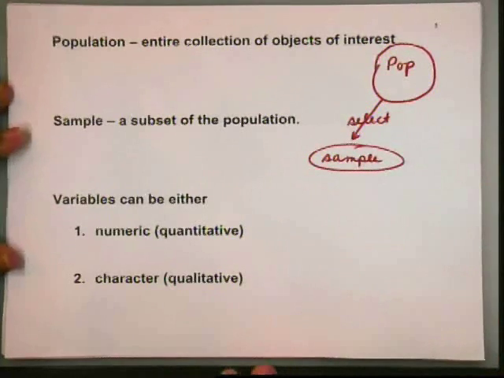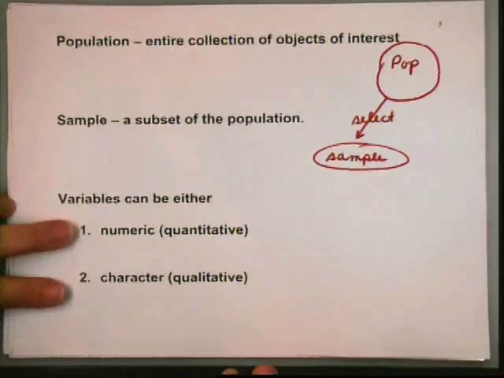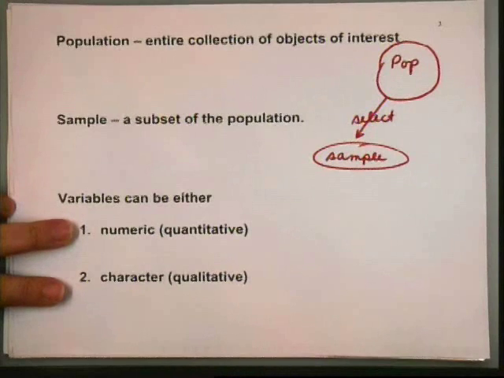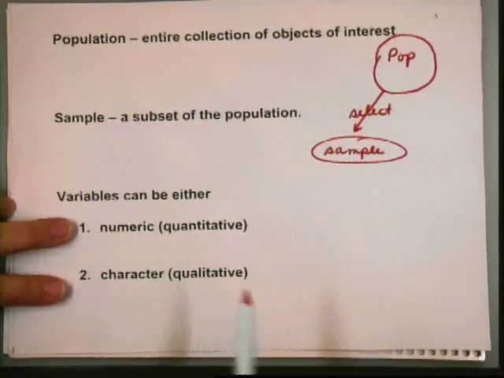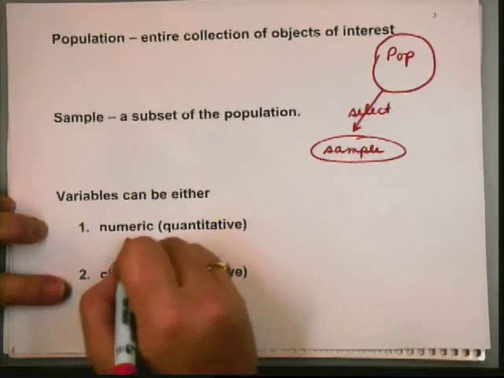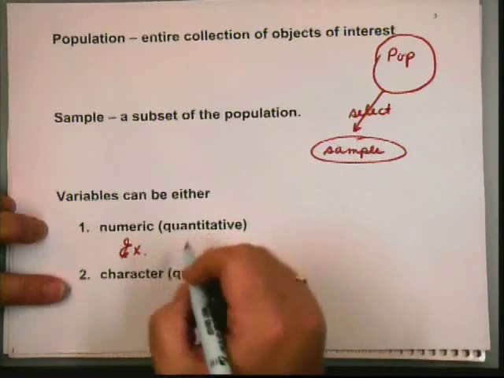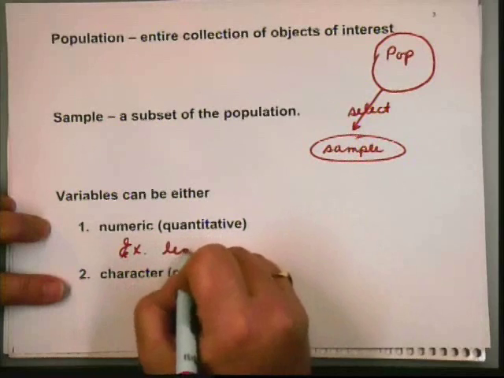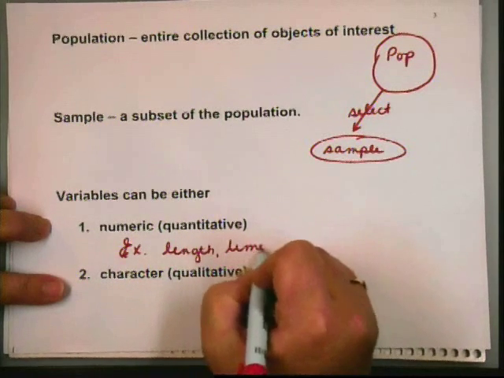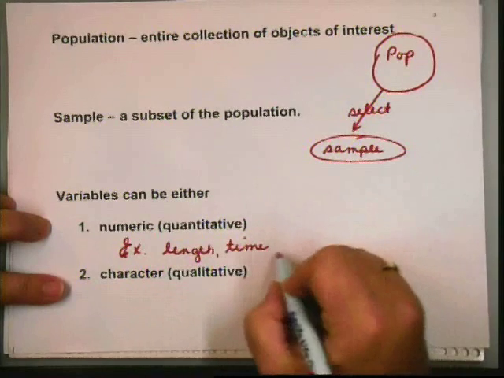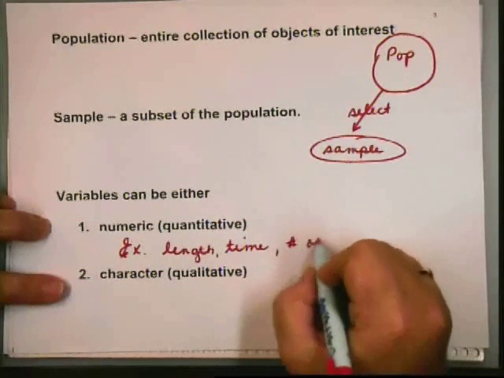Okay. We measure variables, either numeric or character, as we just talked about on the previous page. We may also refer to these as quantitative or qualitative variables. Examples for numeric variables: we may be looking at things such as length or time. We have number of children.